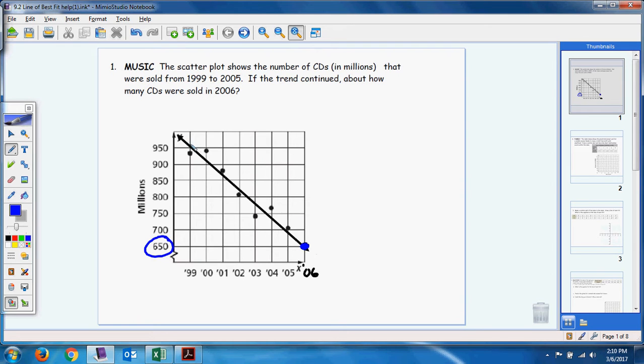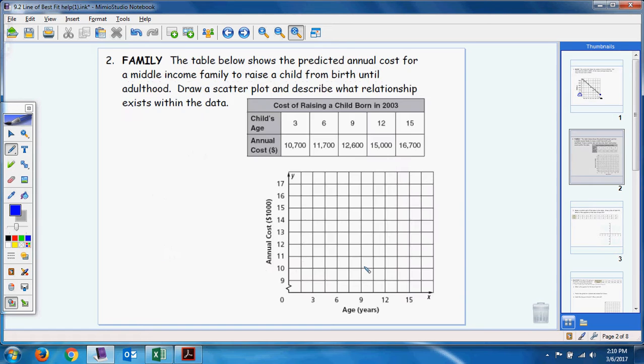But again, that's not guaranteed, you're just kind of making a prediction here based off your line of best fit. So again, if you notice here, 99 up to 2000 actually went up, then it declined, then it declined, and then it went back up. So again, it's just kind of finding a trend of what's going on. Overall trend is declining, though. It's negative correlation there. All right, let's try the next one.